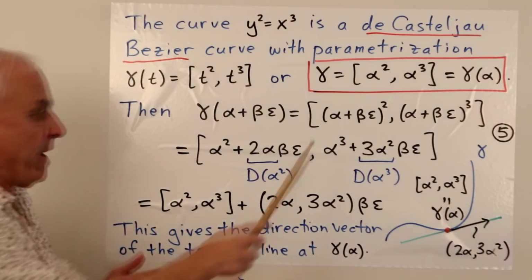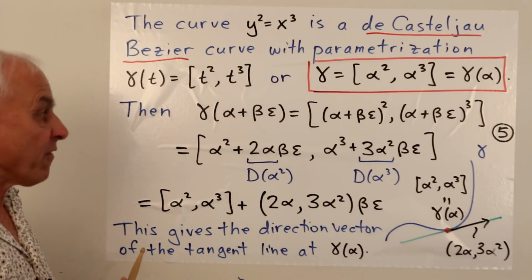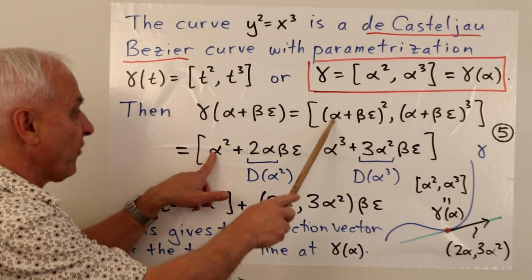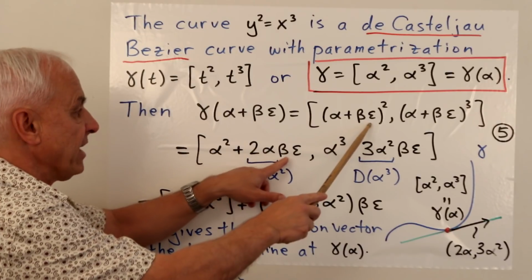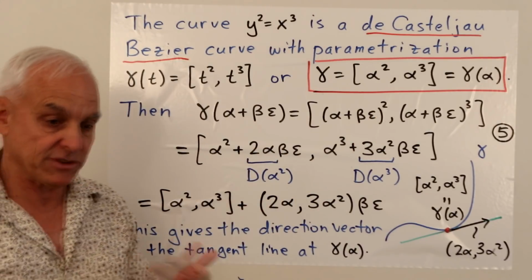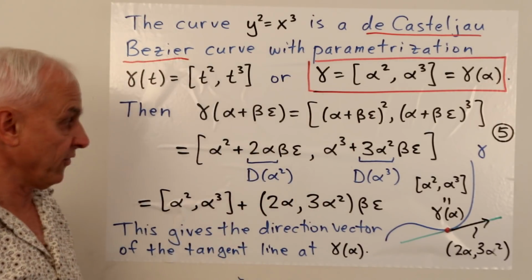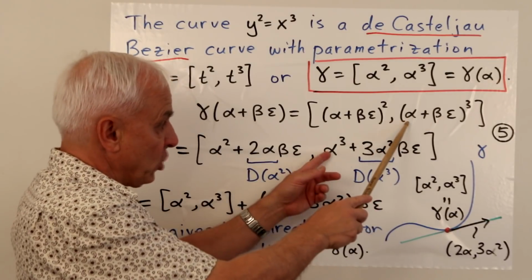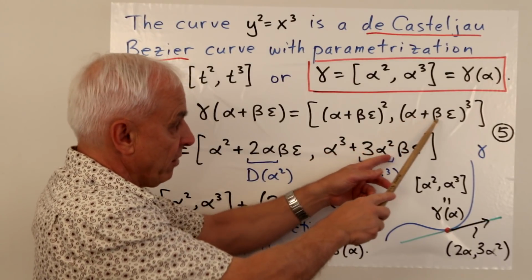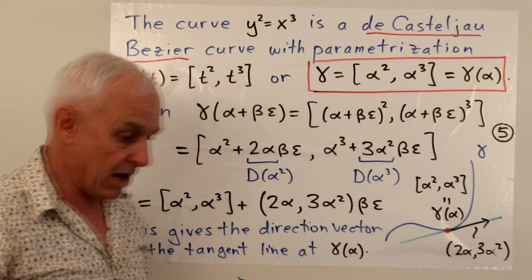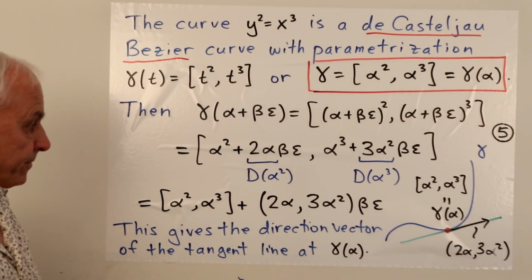When we expand this out, the now familiar thing happens. We get alpha squared plus 2 alpha beta epsilon, and the higher powers of epsilon are 0 because epsilon squared is 0. Similarly here we get alpha cubed plus 3 alpha squared beta epsilon and no higher powers of epsilon.